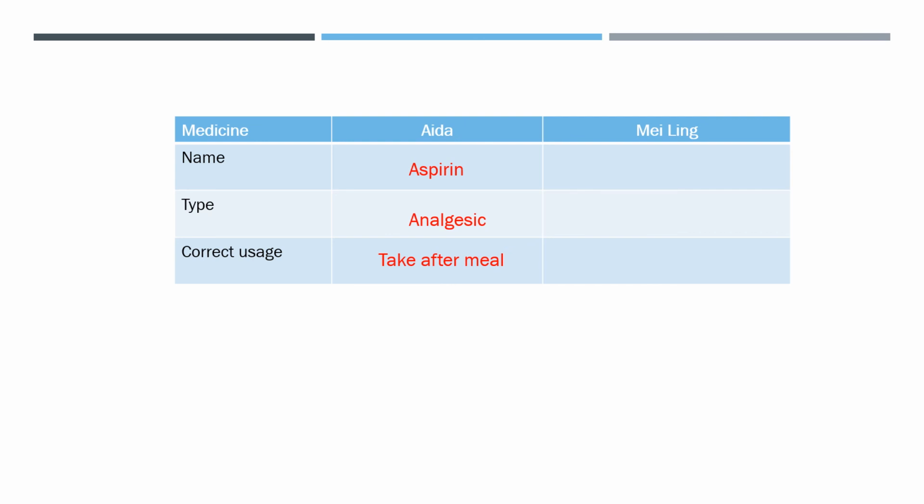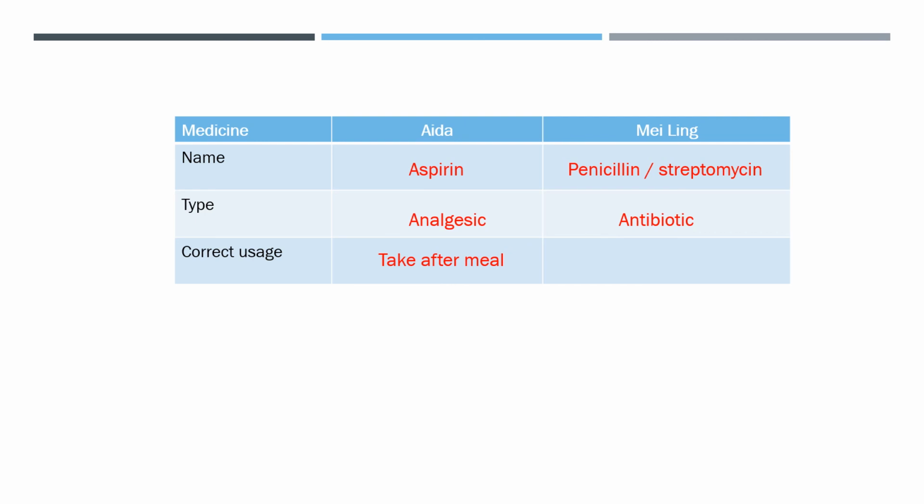Mei Ling has inflammation symptom, so the correct type of medicine prescribed for Mei Ling should be antibiotic. Example of antibiotic can be penicillin or streptomycin.